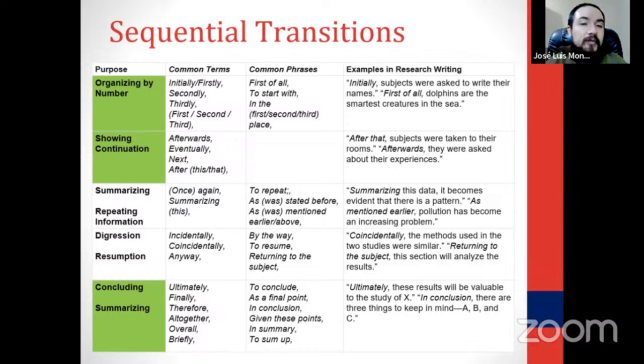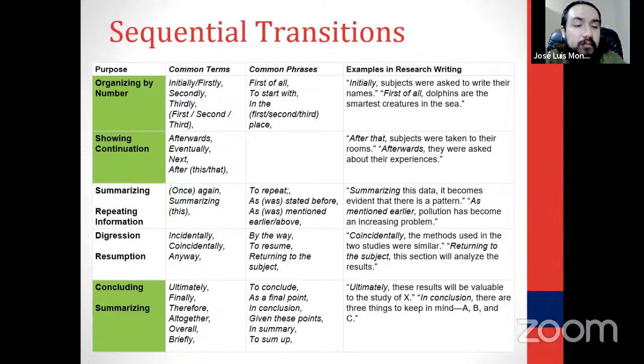As stated before, so you are coming back to something, close to referencing, right? As was mentioned before, earlier, above, it depends how you show that information. So summarizing this data, comma, it becomes evident that there is a pattern. So you're summarizing, repeating information.